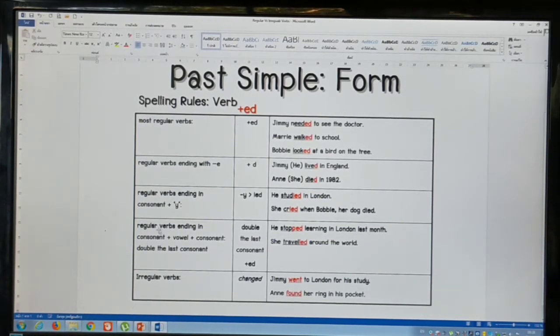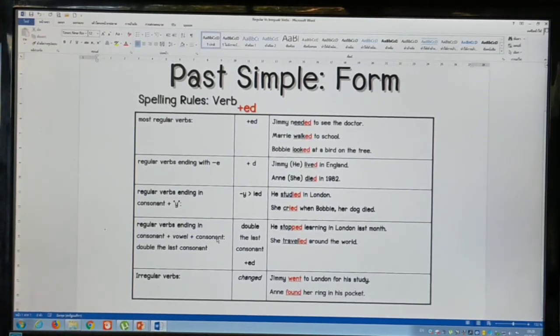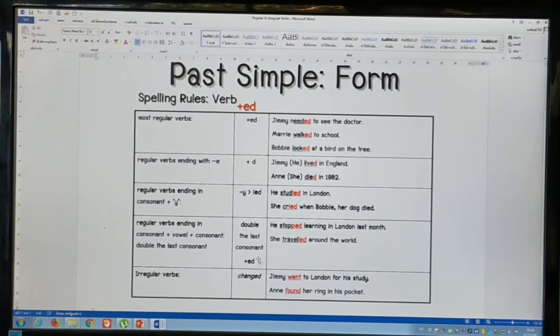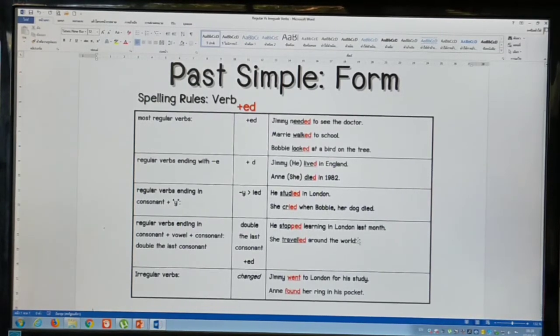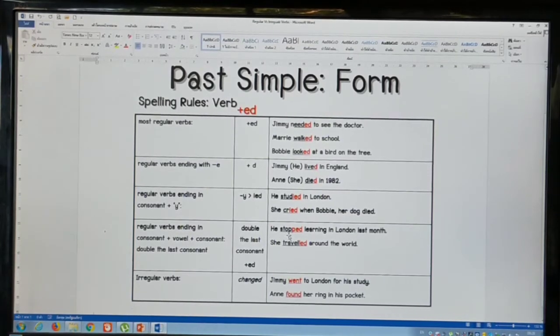Next, regular verbs ending in consonant plus vowel plus consonant. Double the last consonant and add ed. For example, "He stopped learning in London last month." The verb here is stopped.